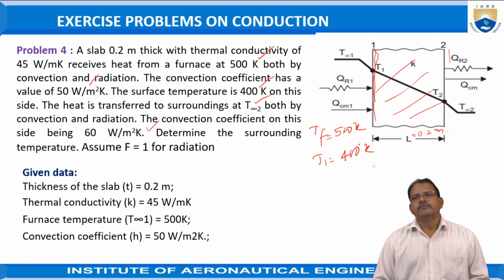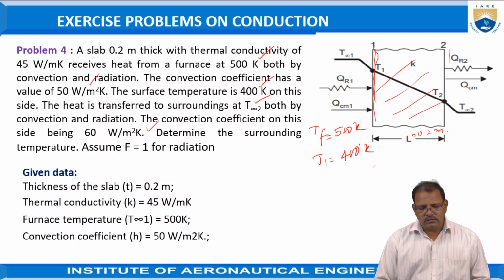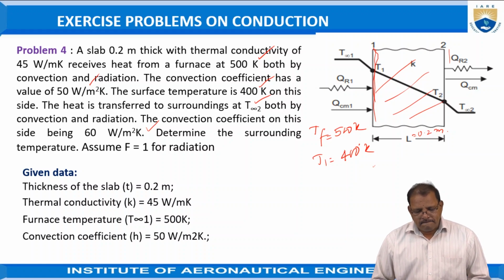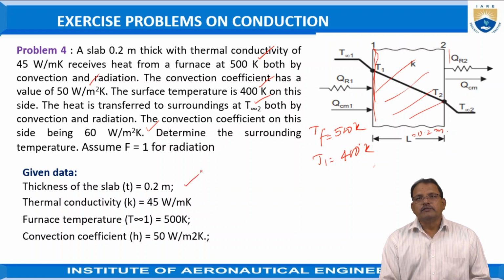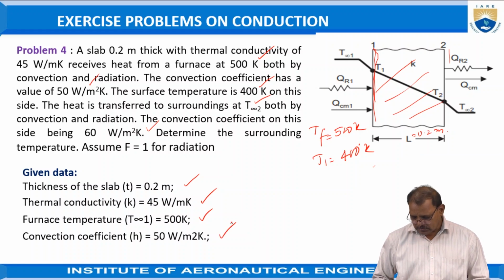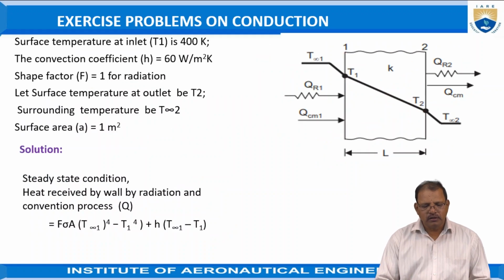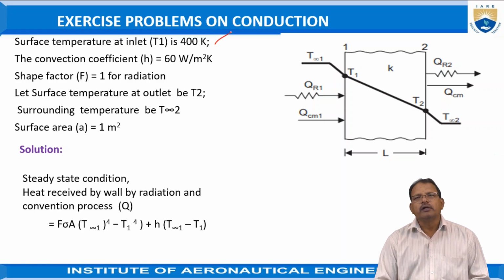First of all, the given data: the thickness of the slab, the thermal conductivity of the material, the furnace temperature 500 degrees Kelvin, the convection coefficient 50 watts, and the surface temperature T1 equal to 400 degrees Kelvin.